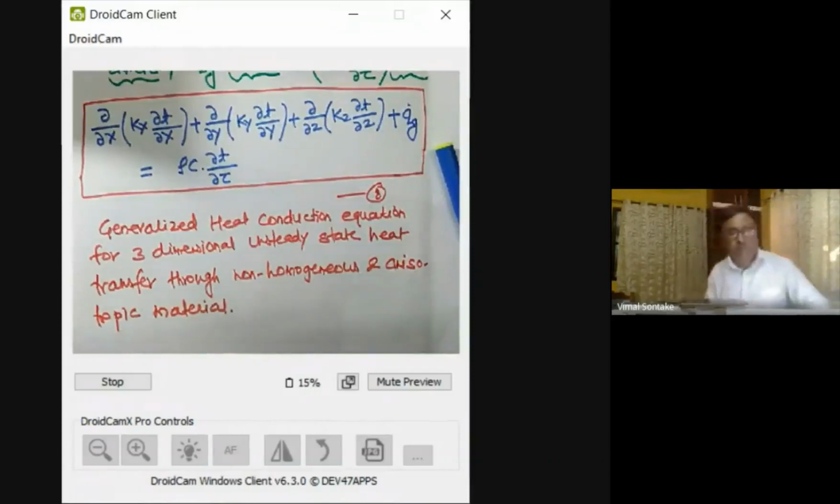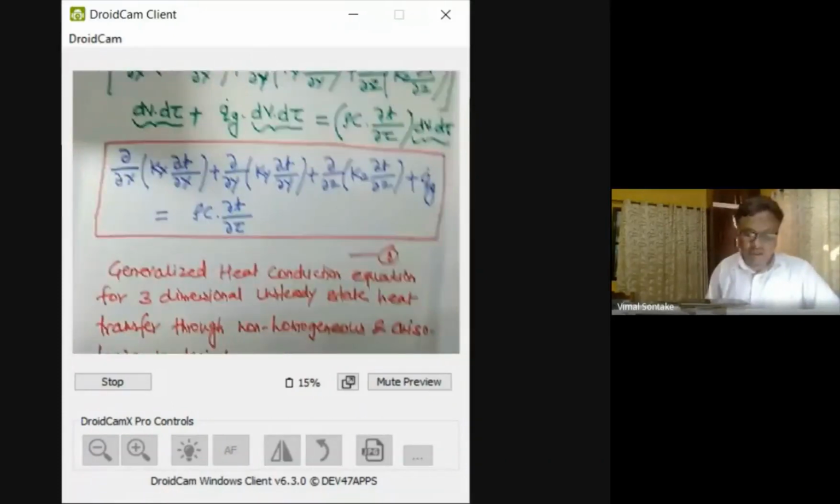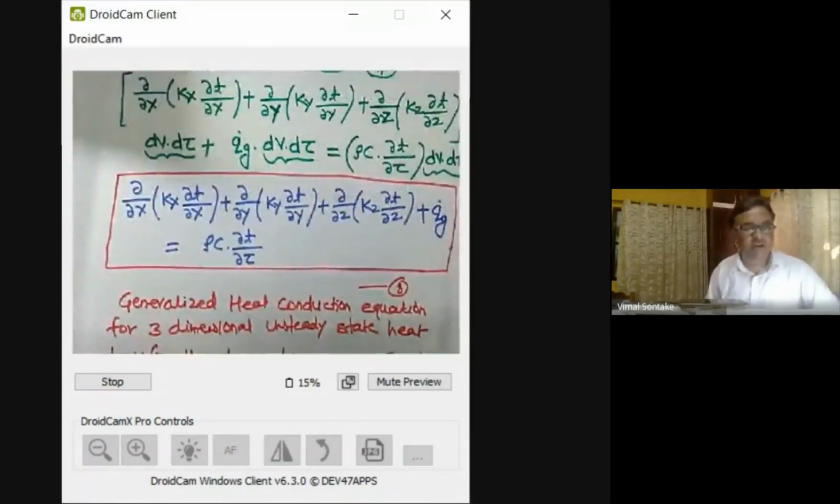All the four conditions we have cited initially, that is three-dimensional heat transfer, unsteady state heat transfer, non-homogeneous and anisotropic material, and heat generated within the control volume.